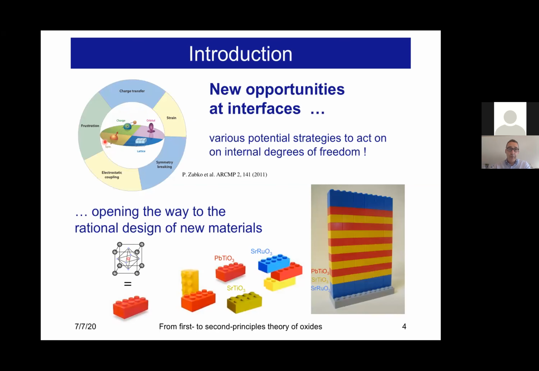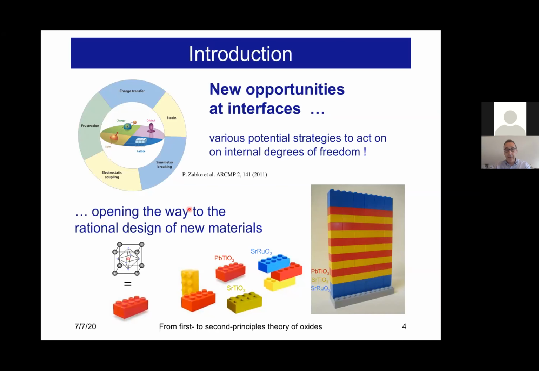You can couple that through different materials, playing with different possible strategies, like engineering strain, or producing a symmetry breaking, making electrostatic coupling between the different layers, producing charge transfer or frustration at the interface. And this was a very step-by-step, I would say, opening the way to the rational design of new materials.